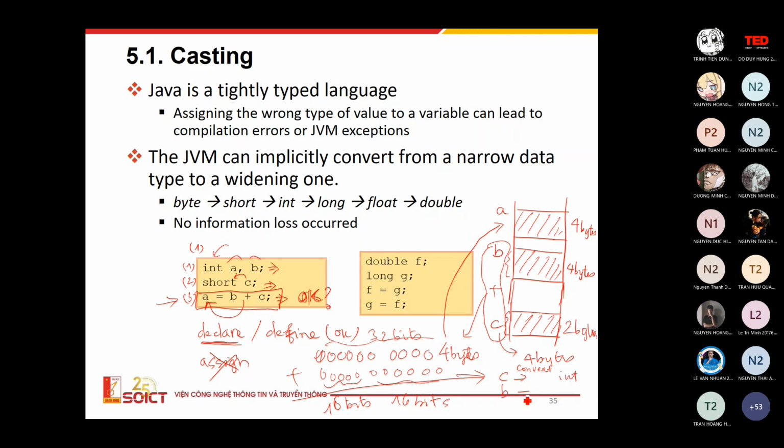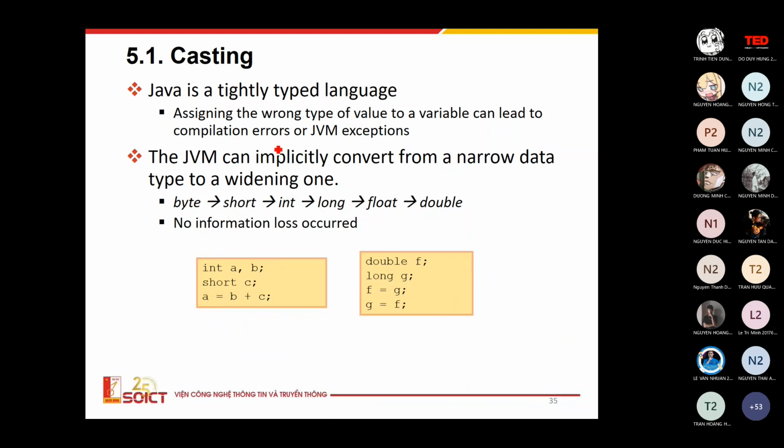And then it calculates B and C to an integer value and assigns it to A. That means in this command, you don't see the conversion, but in fact, JVM needs to convert C into INT before making the addition. Okay, and then it assigns this value to A, and this command is okay.